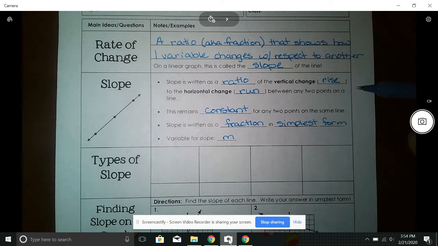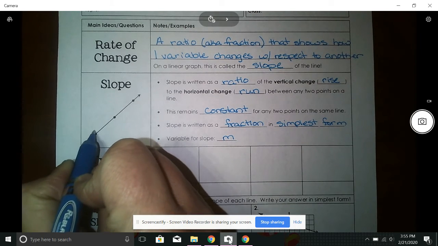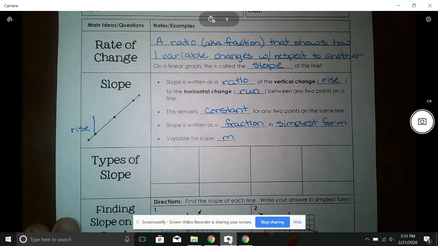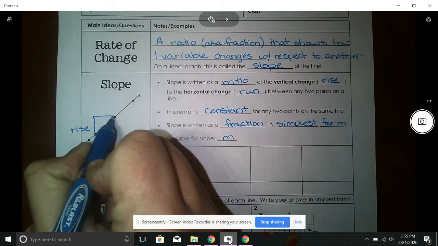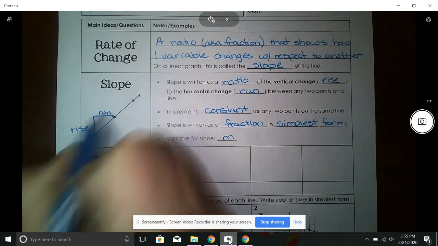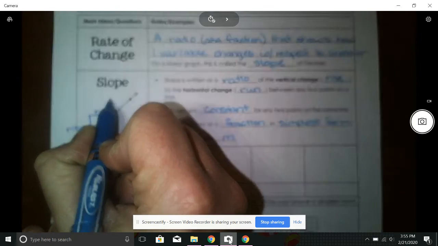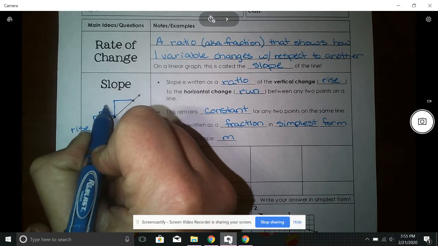So fill this in as you're reading. Take your time, pause the video if you need to. The slope is written as a ratio of the vertical change, which we're going to call the rise, versus the horizontal change, which we're going to call the run. If you keep going, you build a whole bunch of little staircases of rise and run.